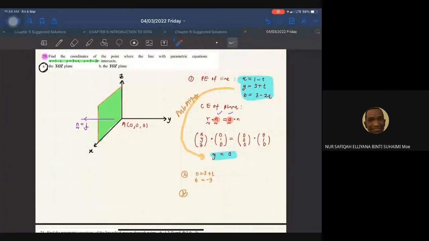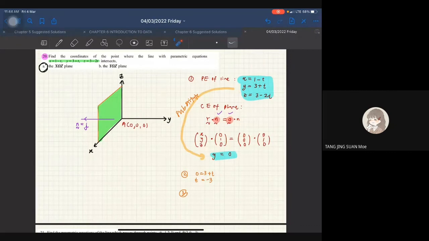Your question? Meaning that you don't want to write this. Okay, bukan, saya line terputus. I direct write y equal to 0 saja.